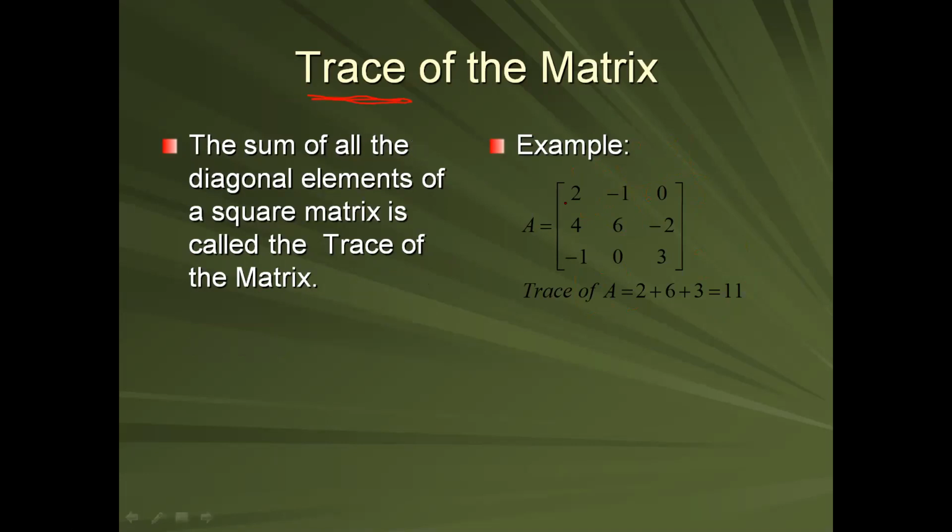The sum of all the diagonal elements of a square matrix is called the trace of the matrix. So for this matrix, 2 plus 6 plus 3, which is 11. So the trace of matrix A is 11. You have to add all the diagonal elements of a square matrix. That will give you the trace.